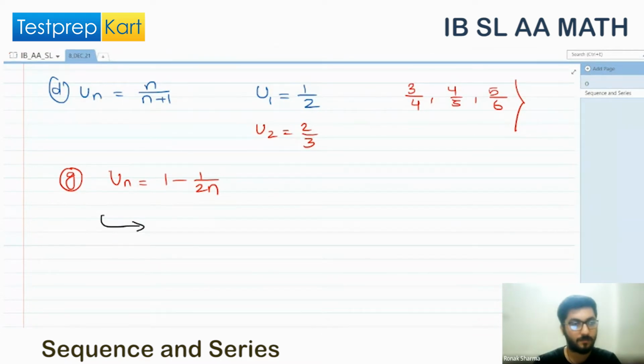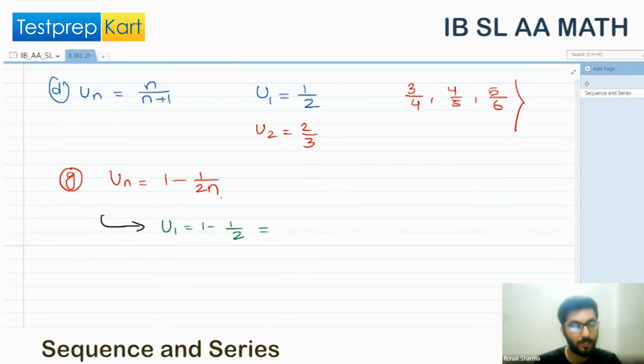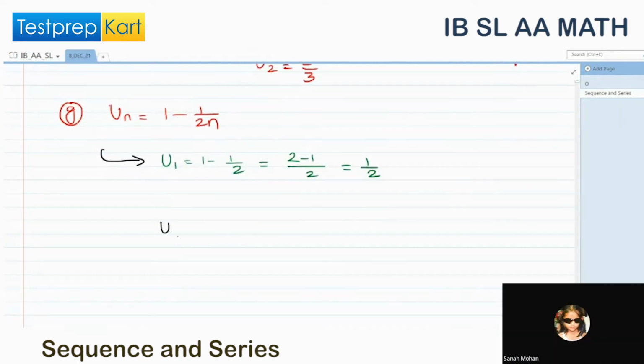First one, if we'll put n equal to 1, so this will become 1 minus 1 by 2. That means 2 minus 1 by 2, that is 1 by 2 only. Okay, you're good with this fraction addition and subtraction, right? If you have any problem, you can ask me. Yes, it's okay.